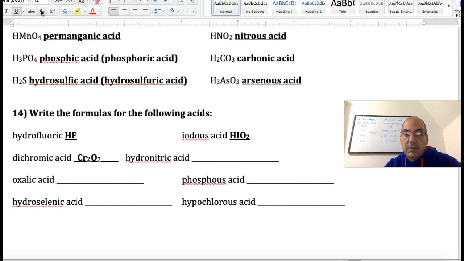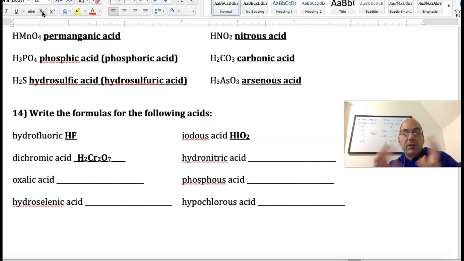Since this is 2-, that means I'm going to need 2 hydrogens on this one to balance out the charge. So H2Cr2O7. Notice, we're still treating these like ionic compounds, but it's just a special naming system because they're acids, that they're behaving in a totally different way, and I know we're not ready for that yet.